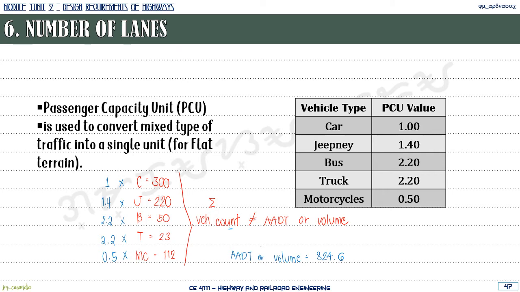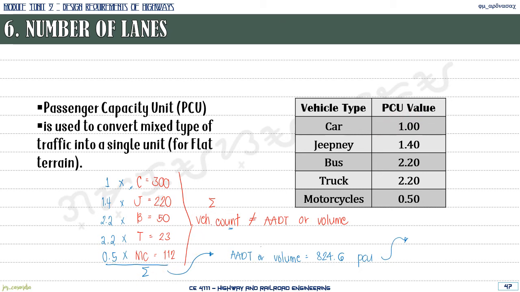You multiply first the PCU factors to each vehicle type, and then you add them up. And that is now your equivalent EADT for that road section in terms of passenger car unit.